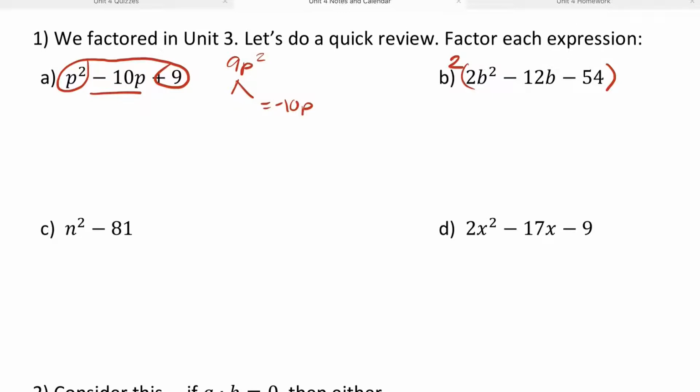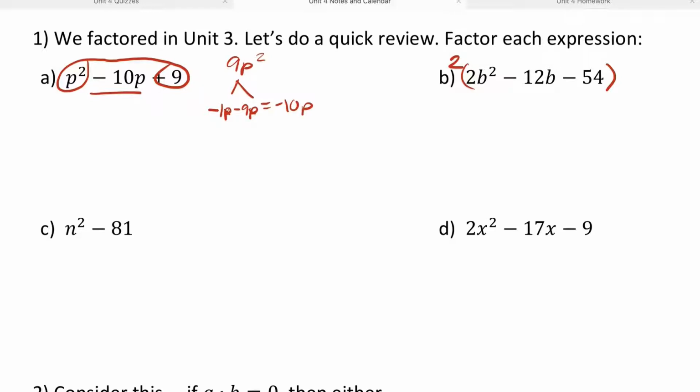You can always list things if you get stuck, but this would end up giving us a negative 1p and a negative 9p. If we multiply those together, that gives us a positive 9p squared, and if we add those together, that gives us negative 10.